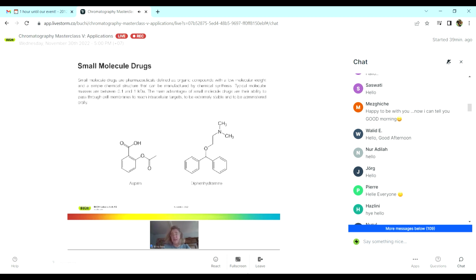Okay, and now we come to the last family of molecules we are talking about today, and these are the small molecule drugs. Small molecule drugs are pharmaceuticals, defined as organic compounds with a low molecular weight and a very simple structure, and they can be manufactured via chemical synthesis.